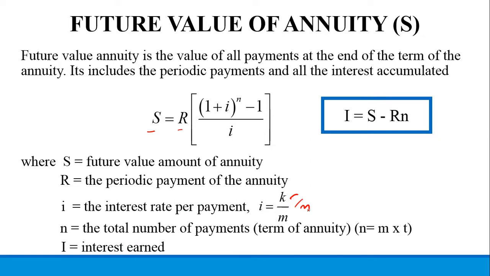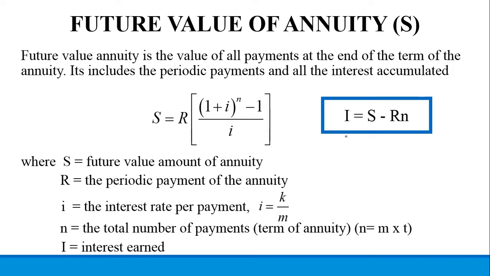N is m multiplied by t, the total number of payments. Minus 1, don't forget to minus 1, divided by i. Again, S equals R times (1 plus i) to the power of n minus 1, divided by i.